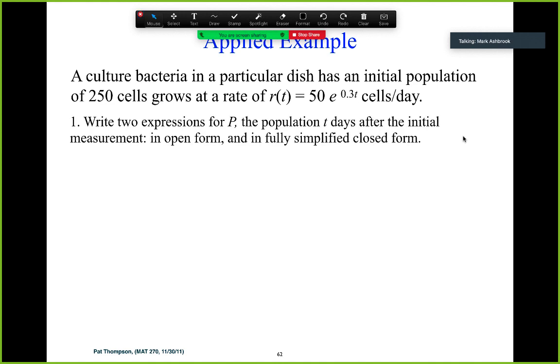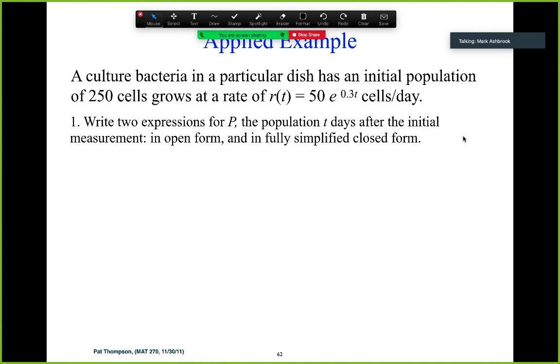I want to write 2 expressions for P, the population t days after the initial measurement, in open form and in fully simplified closed form. So how do I write the population at time t days in open form? We've been doing this all semester.